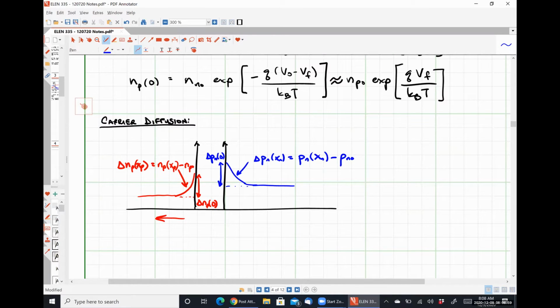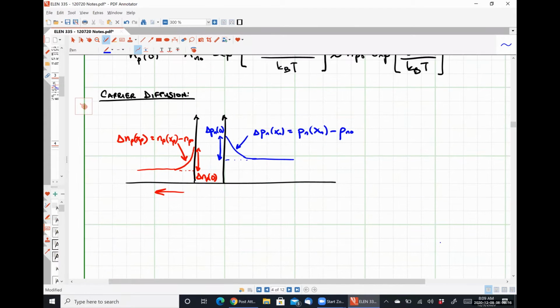I'm just trying to explain where all our different mathematical terms are about to come from, because we can see that there is a concentration gradient, which means we are going to observe some diffusion current flowing.